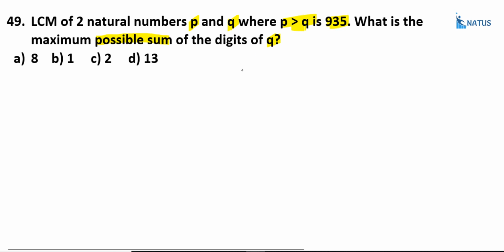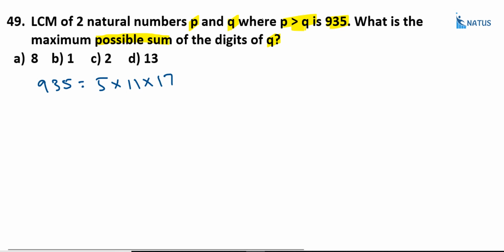This is very important. That's what we require. What is the number? 935, right? First, you convert this number into a product of prime factors. So 935 is equal to 5 into 11 into 17. Here there is a product of three numbers.